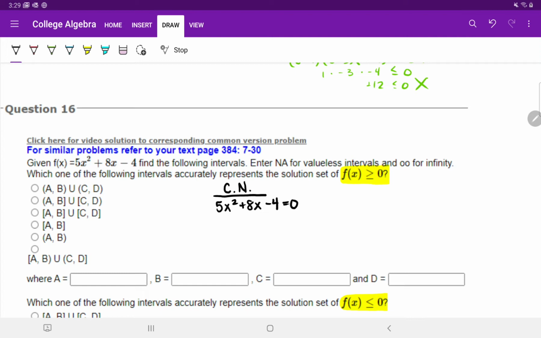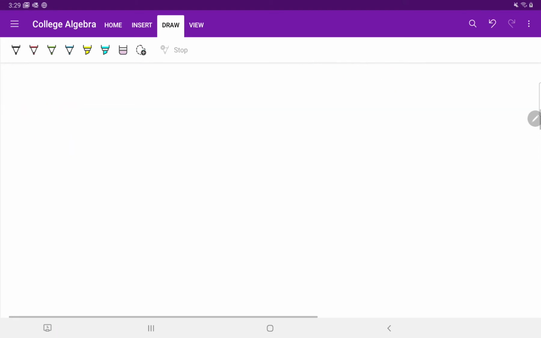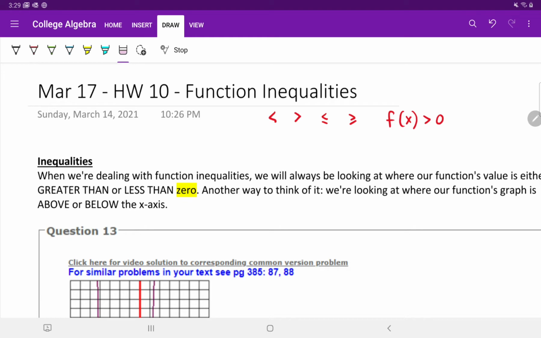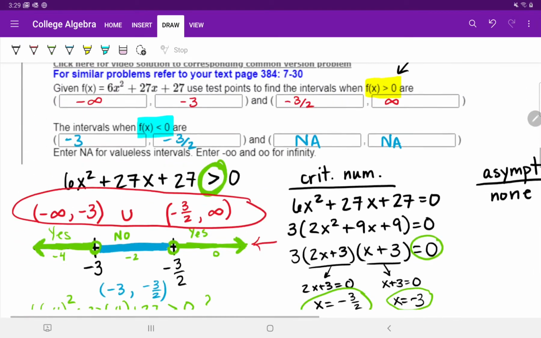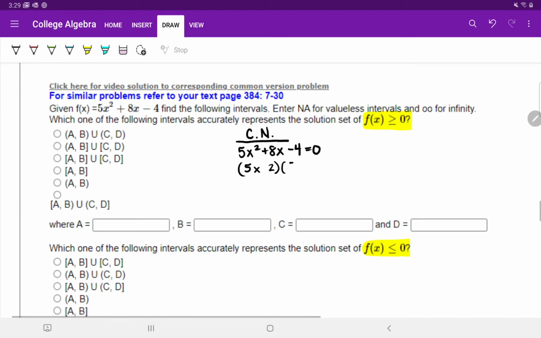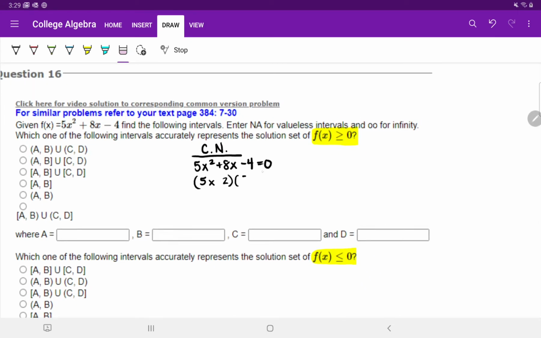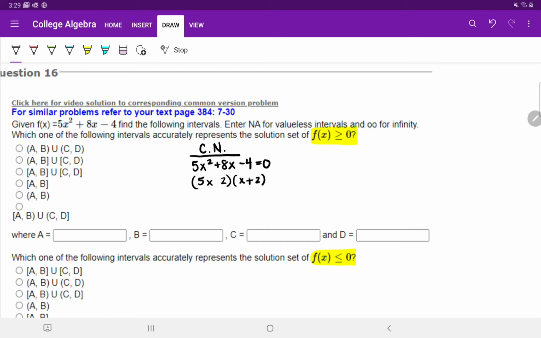So let's solve this. We can solve it by factoring. 5x, x, 2, plus, minus.